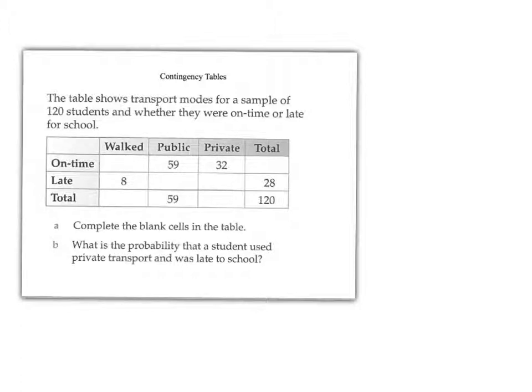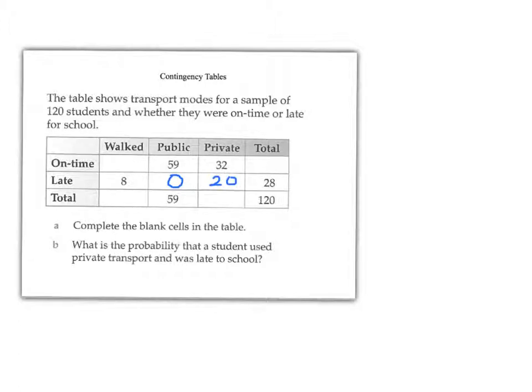This shows transport. Students walk to school, they use public transport or private, presumably cars, and they either arrived on time or late. So for those who came in public transport, there must be 0 who were late. And so that means if I look across, I've got 80, must be 20 in here.